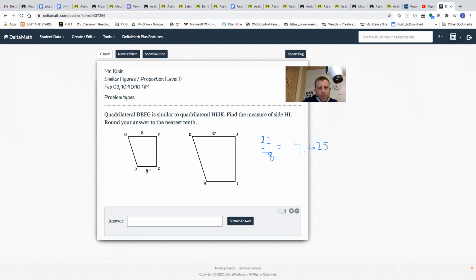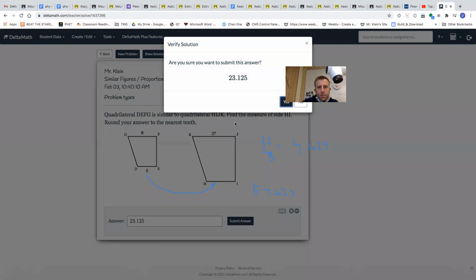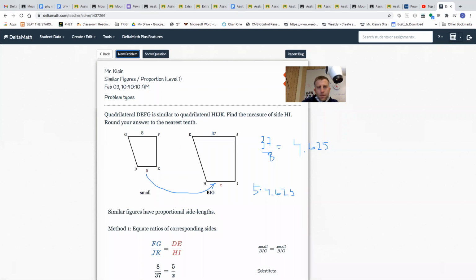And I can just use that scale factor to find the other sides. So from here to here, I'm trying to find how long HI is, I can just do 5 times that scale factor, 4.625. Okay, so it's like what we did just with the decimal. Let's see what that is. 23.125.